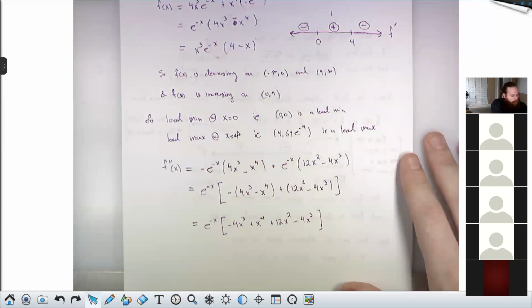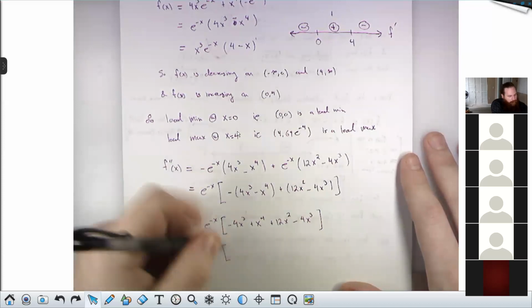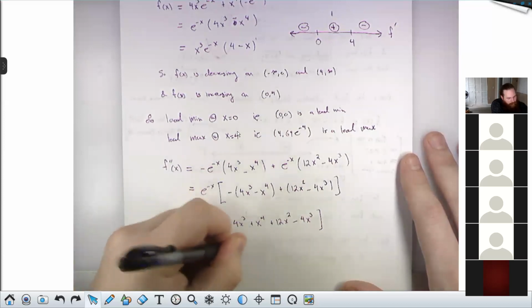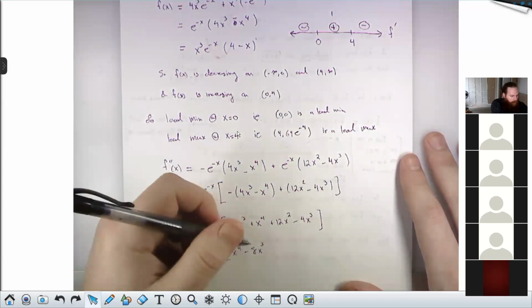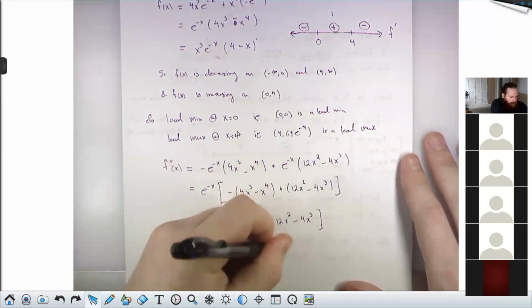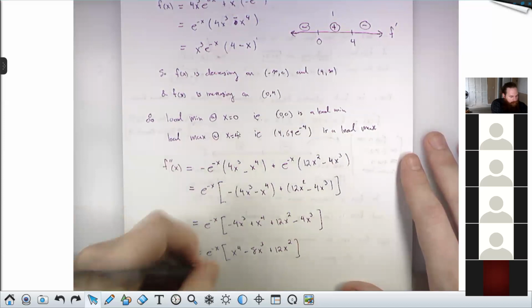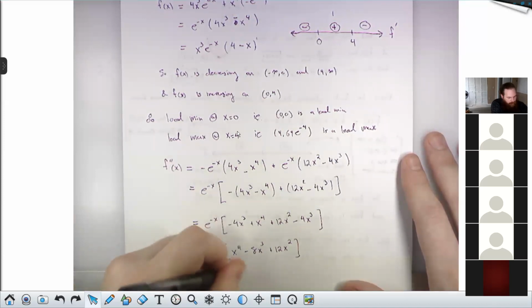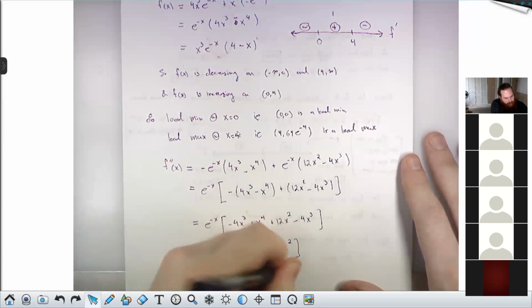So this is going to be e to the negative x times x to the 4 minus 8x cubed plus 12x squared. And I can factor an x squared out. And what's left is x squared minus 8x plus 12.